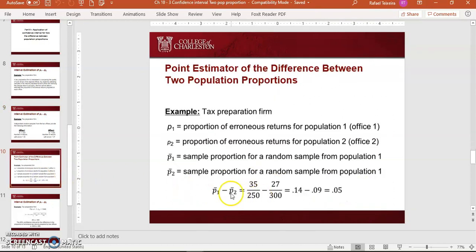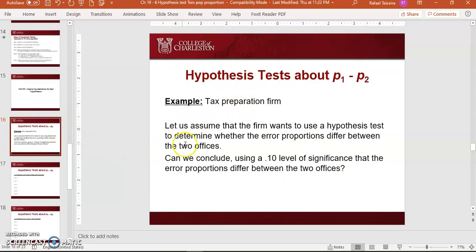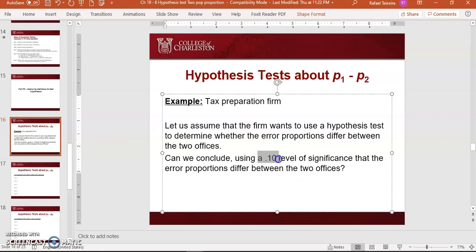So let's take a look here. Okay, so the proportion of errors in the first office is 0.14, the proportion of errors in the second office is 0.09. The difference for the proportion in the two offices is 0.05. Okay, so I'm going back now to the slides about hypothesis test. We want to test and determine if this difference of 0.05 is really significant at the 0.10 level of significance.